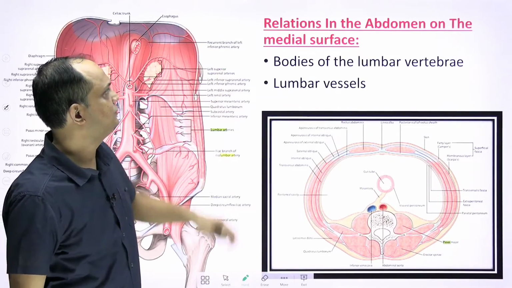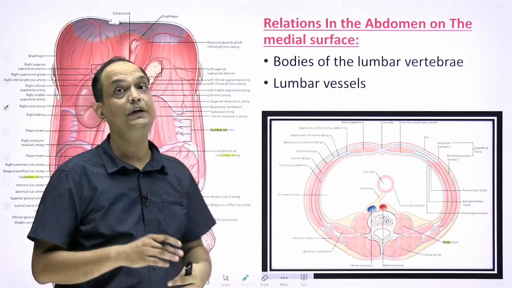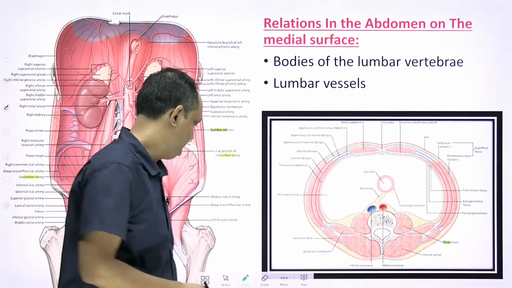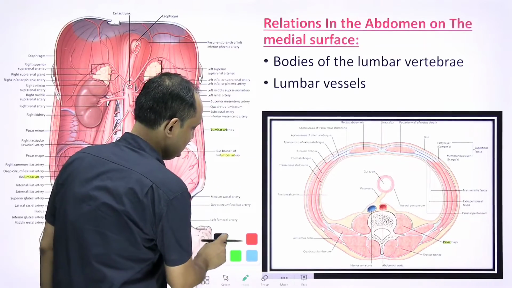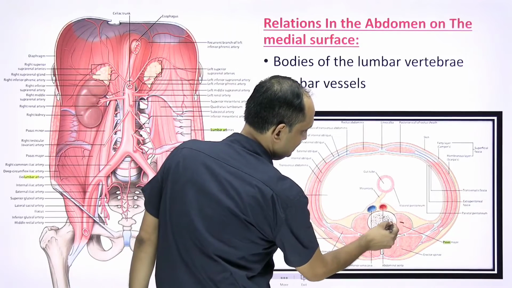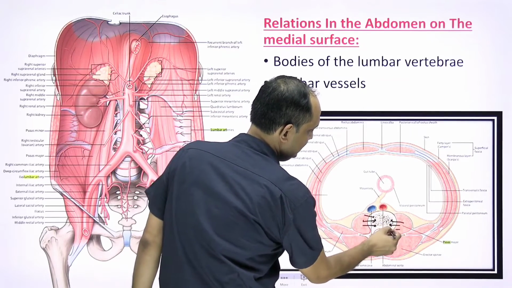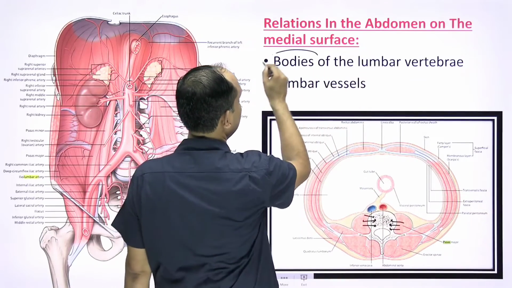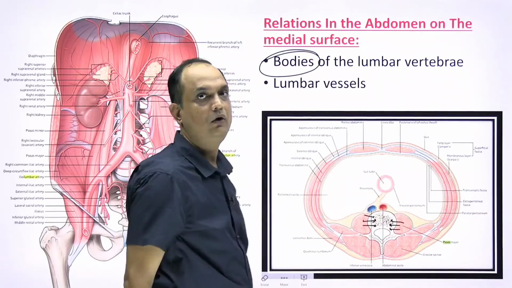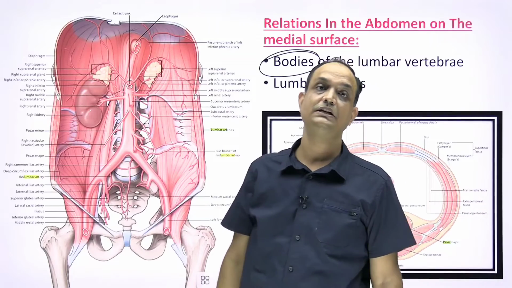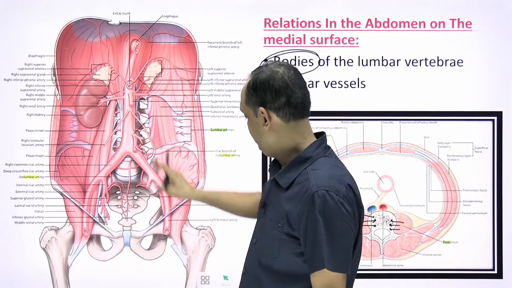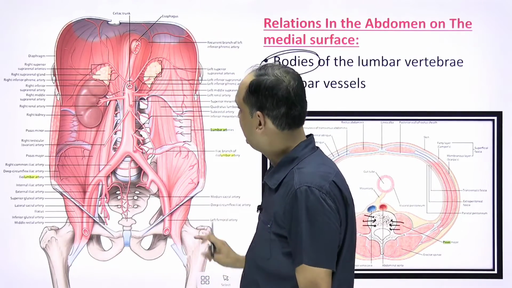Now, what are the relations in the abdominal part on the medial surface? Medially, it is facing towards the bodies of your lumbar vertebrae, and also the vessels known as lumbar arteries. Here you can see in this diagram where the lumbar arteries are.